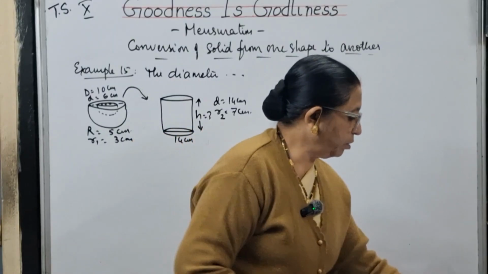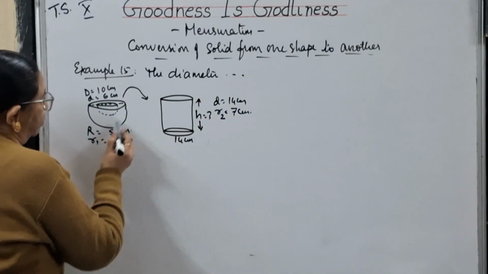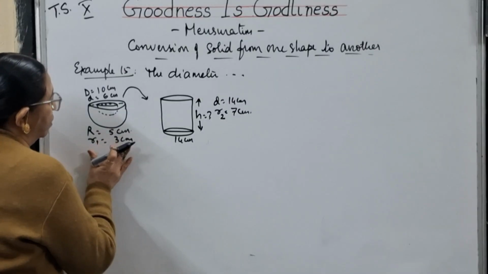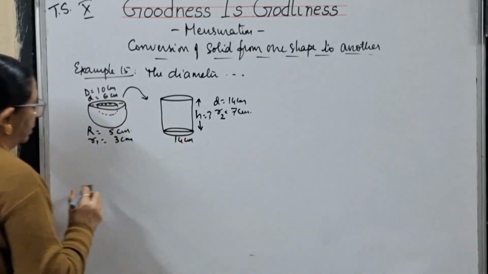Now we need to find out H. So the volume of this hollow hemisphere is equal to the volume of the cylinder.